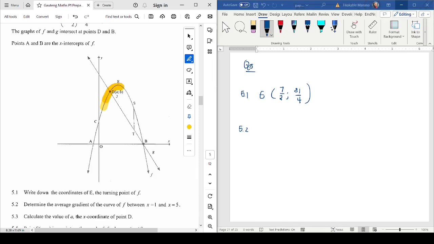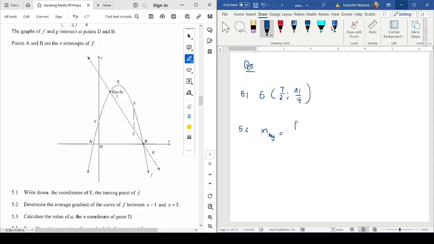I don't know where 1 is, but let's just say the gradient is around there. Because we have a curve, if we want a gradient between certain points, it will have to be the average, because on a curve there are gradients literally everywhere.